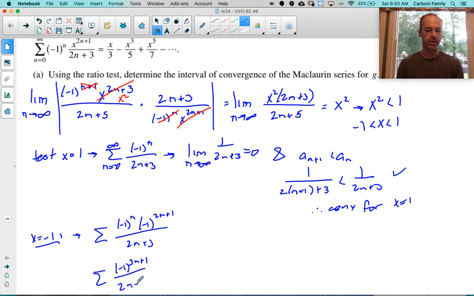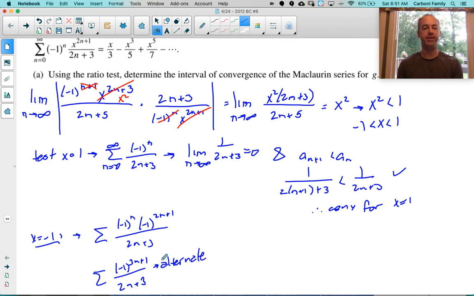Will this series alternate like it did for x equals 1, or will this always be an odd or always be an even exponent? Now let's see. If I plug in 1, that'll be -1 to the 4th. If I plug in 2, that'll be -1 to the 7th. That's odd. If I plug in 3, that'd be -1 to the 10th. That's an even exponent. If I plug in 4, -1 to the 13th. So this will alternate. So this does alternate.